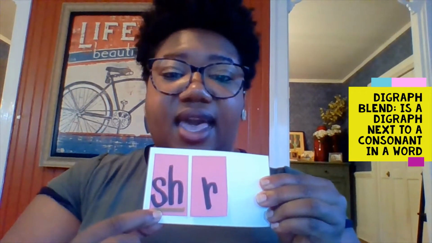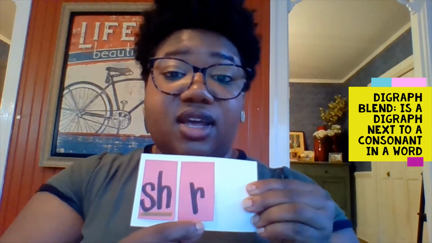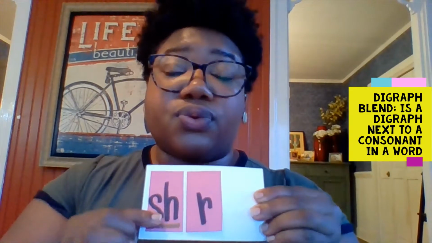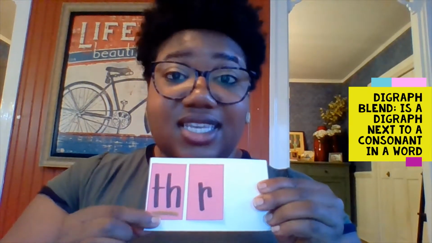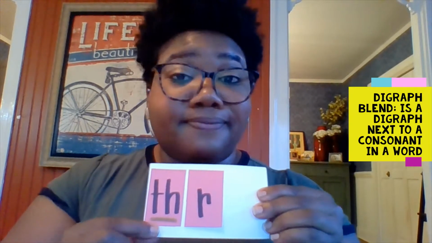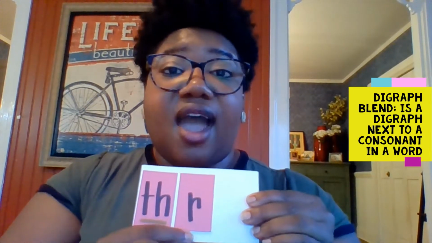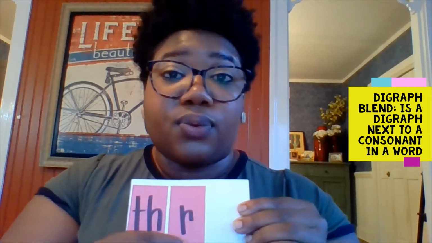This is SHR. SH is our digraph and it'll be right beside R, which would say shr, and that's a digraph blend. Another one is THR. TH is our digraph and our R will make it a blend. So this would say thr.